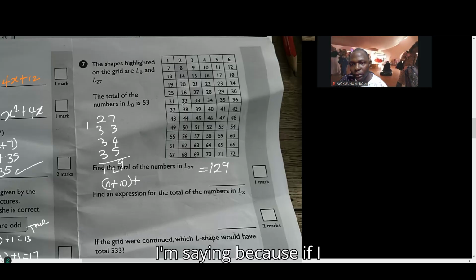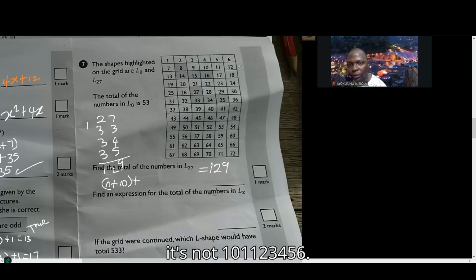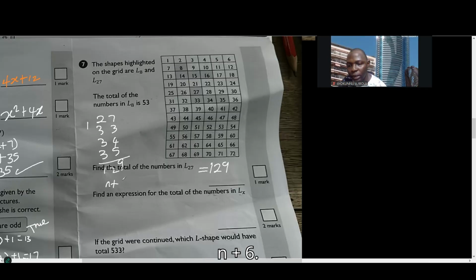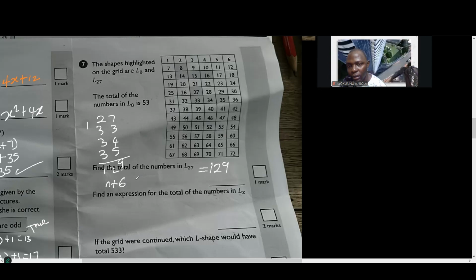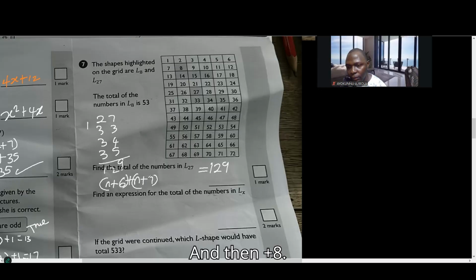I think, because if I say 8 plus 10, no, it's not 10. 1, 2, 3, 4, 5, 6 is plus 6. When you go down, it's n plus 6, then plus 7 plus 8. We have n plus 6 first, then n plus 7, and n plus 8.